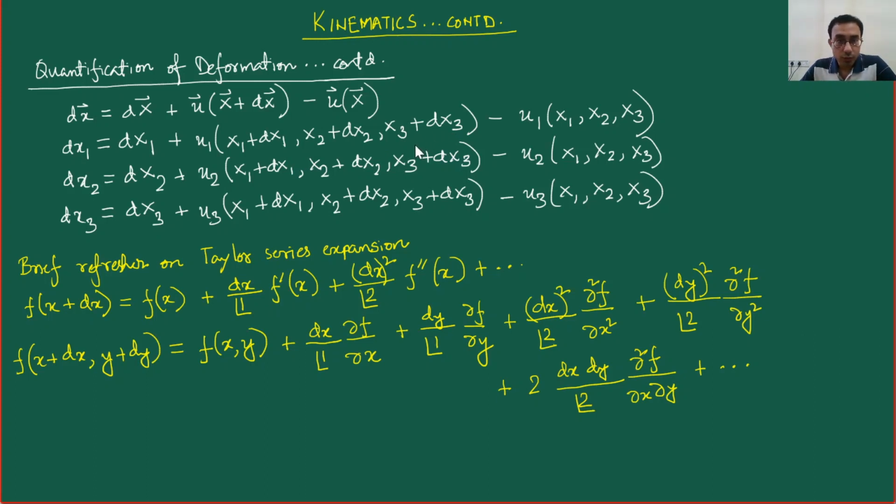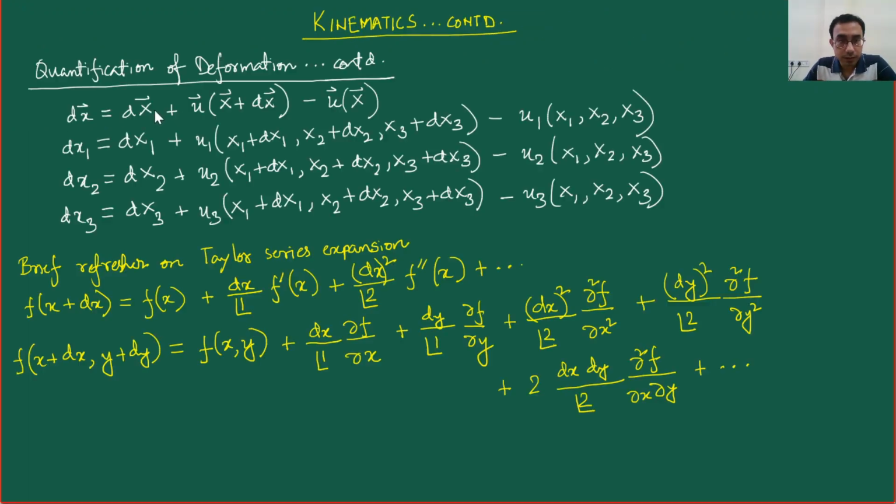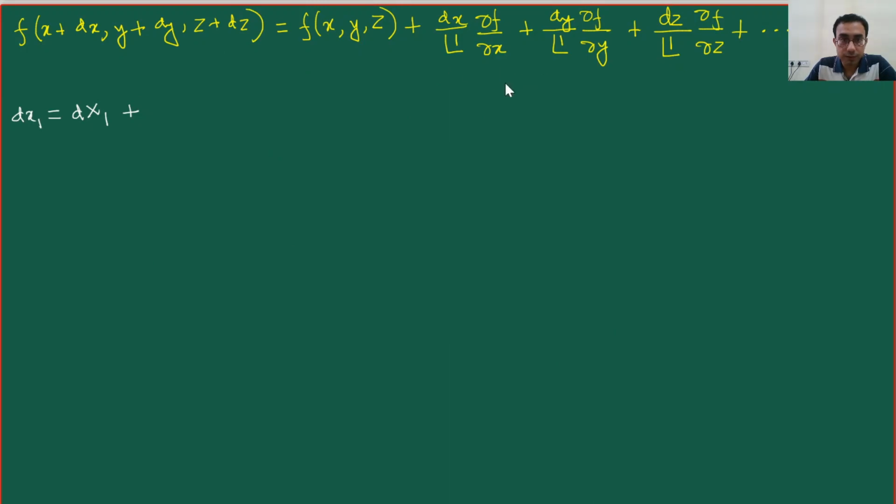Okay, so going back to the dx1 component, I take a look at this again. So this thing will be expanded in exactly this fashion. So what do we write here?